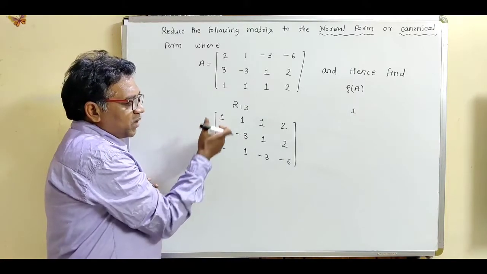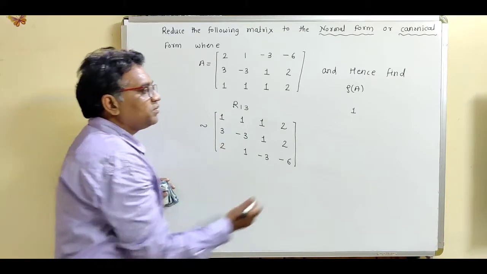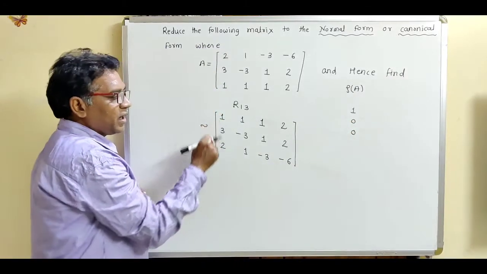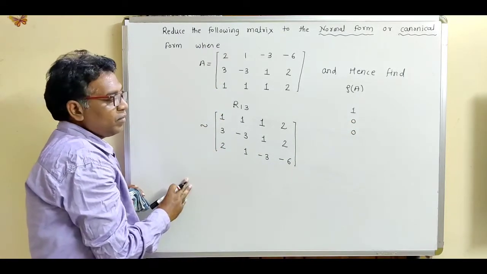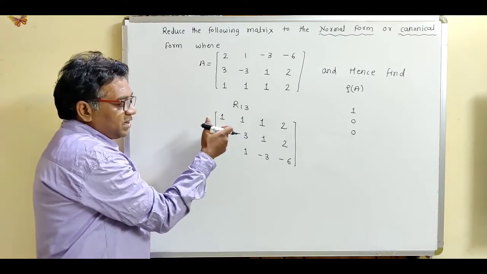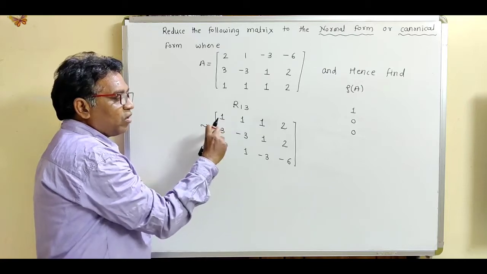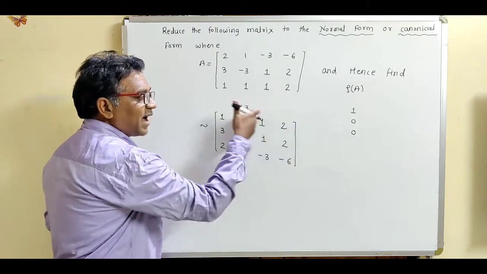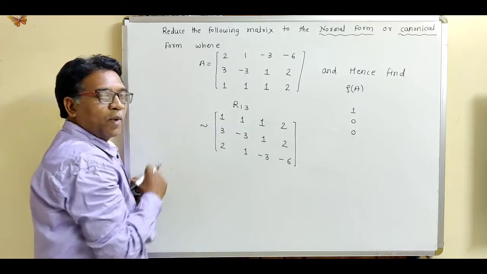Now by using this one, make the corresponding column 0. Now there are 2 elements, so make these 2 elements 0. So note this, for these lower elements we always use the row operation, and for the side elements we use the column operation.